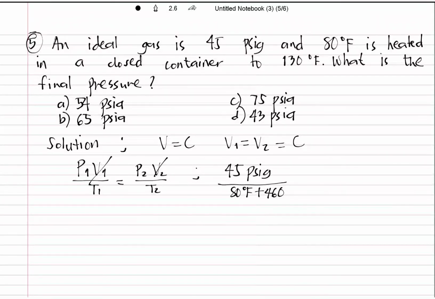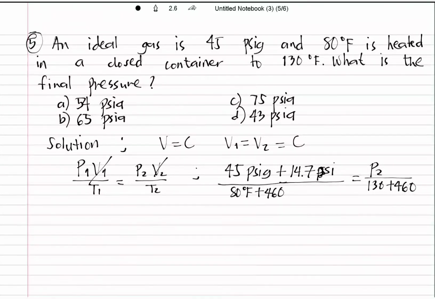So 14.7 ipa-plus natin, kasi yun yung atmospheric natin in terms ng PSI. Okay? Equals to P sub 2 natin over, syempre, yung ating T sub 2, 130 plus 460.